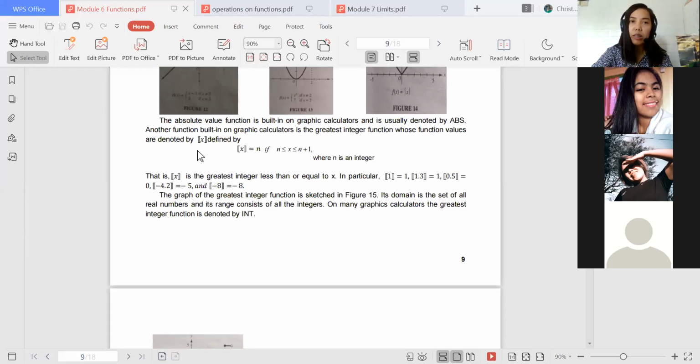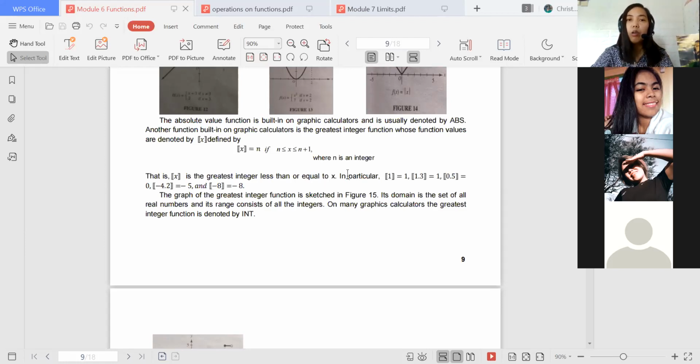So it means that when you see this symbol, it is the greatest integer less than or equal to x, where n is an integer. The answer is always an integer. When we say integer, class, what are those? Negative numbers, positive numbers, including 0.